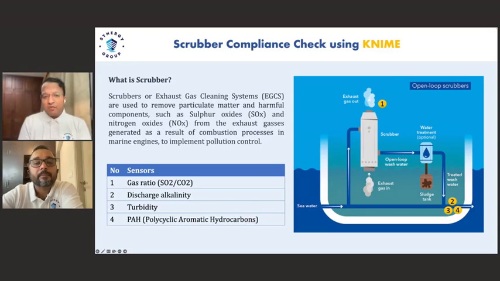And the main thing which we monitor about these scrubber machines are four main parameters which are monitored with the help of some sensors. These main parameters are gas ratio, alkalinity, turbidity, and polycyclic aromatic hydrocarbons.